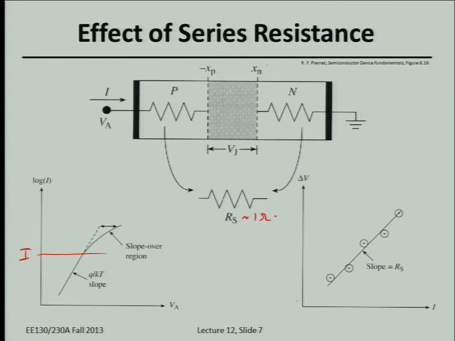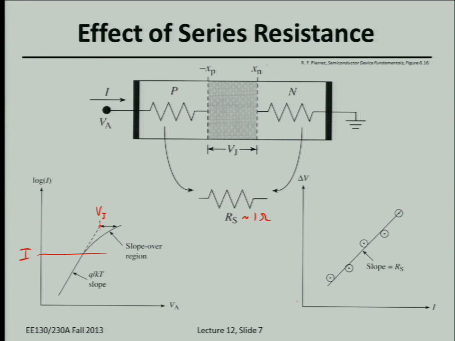So bottom line, let me make sure I can sketch this properly. Ideally, as you increase the applied bias, the current continues to increase exponentially. But this is the current that flows for this junction voltage.